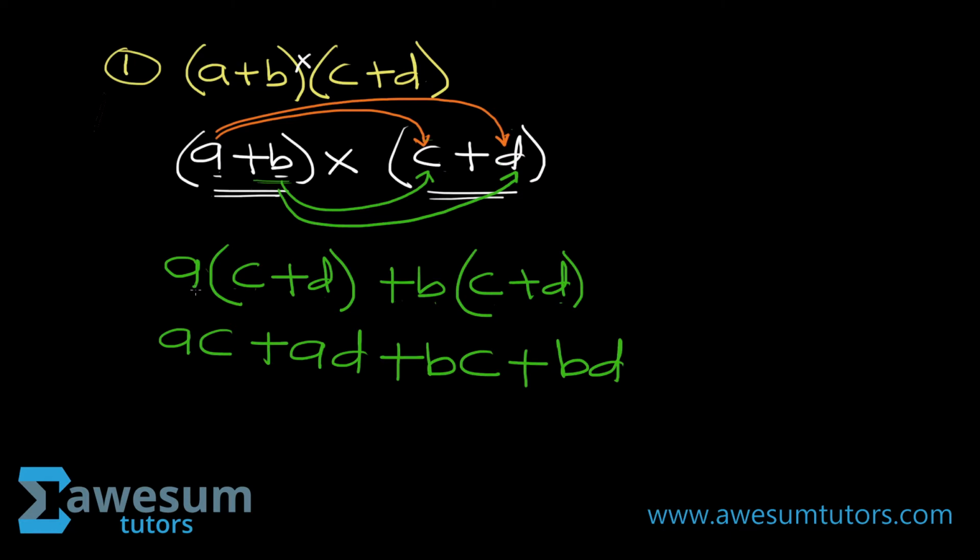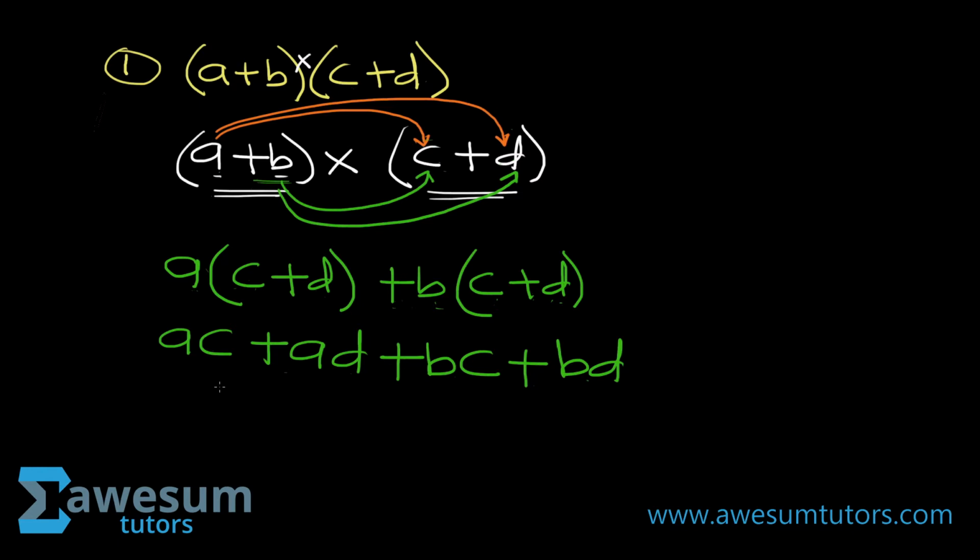You have to use your distributive property. Okay, a is going to multiply c, that's ac. We've learned something like this before. a times d, that's plus d, is going to give you ad. b times c is going to give you bc. You have positive, that's plus right there. b times d is going to give you bd, and of course plus times plus gives you plus.